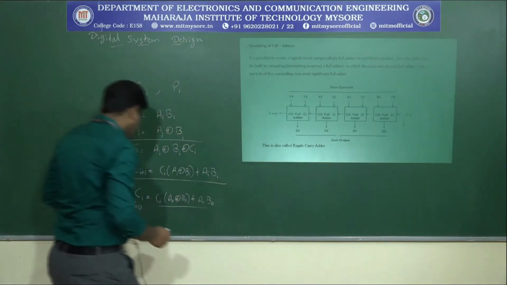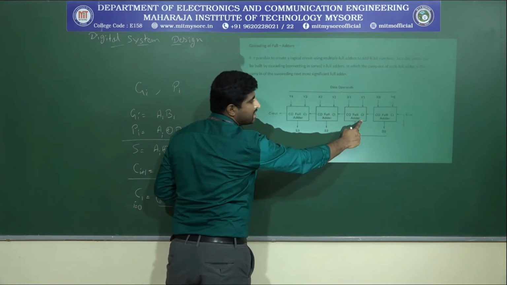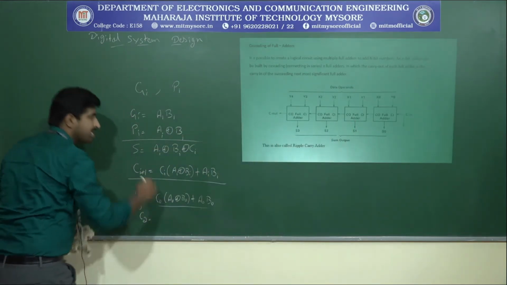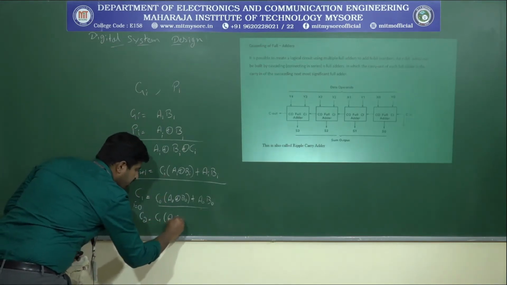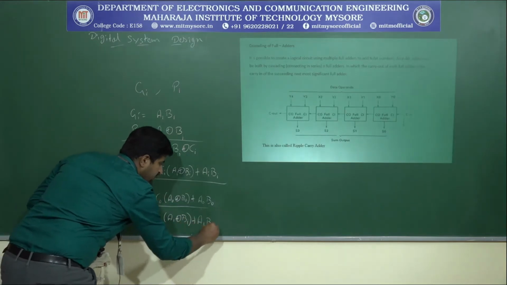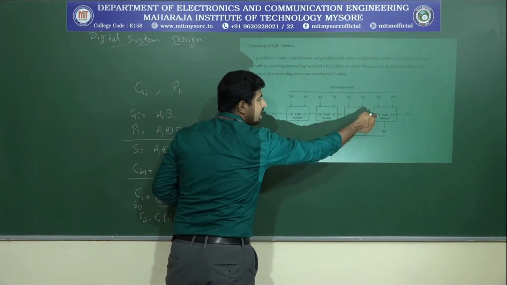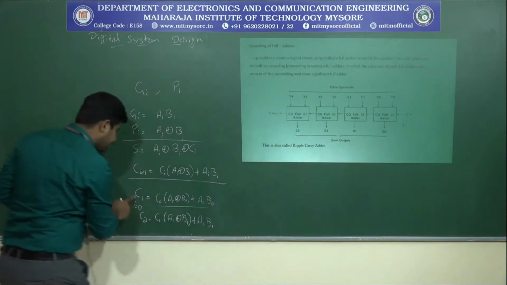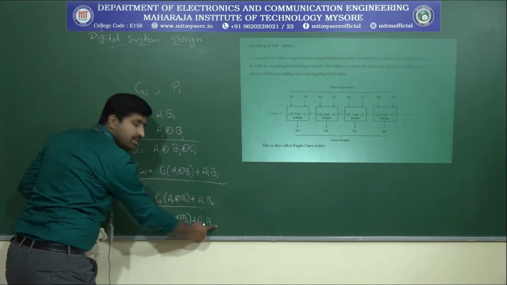Now the carry generated by the second full adder is C2, which equals C1 into (A1 XOR B1) plus A1 B1. That means we give the inputs A1 B1 and the carry generated from the previous stage, which is C1.